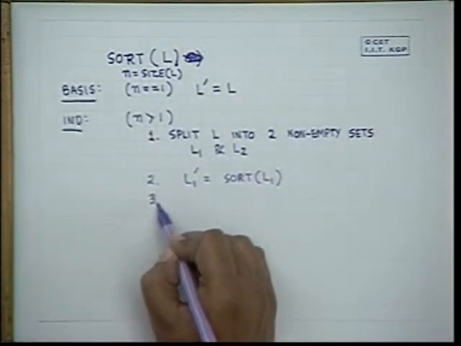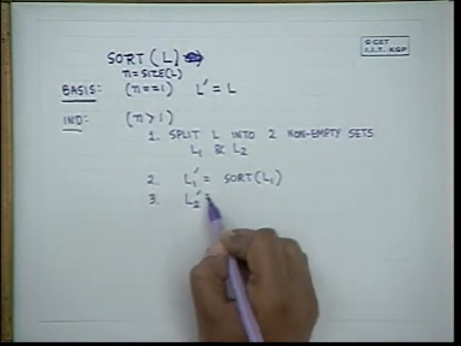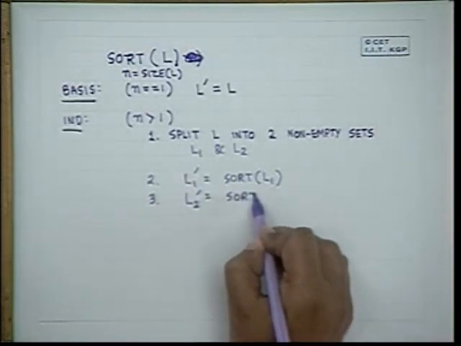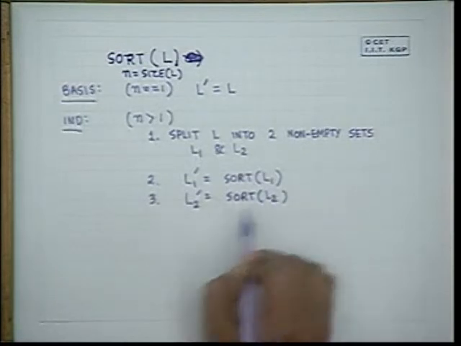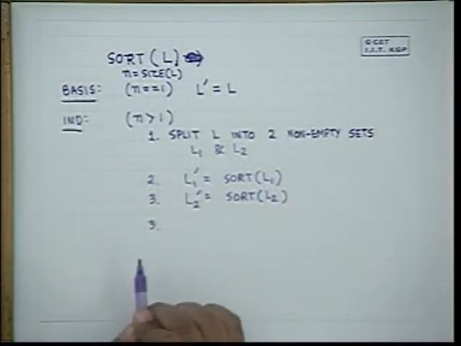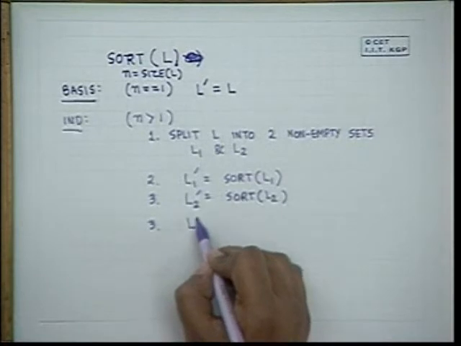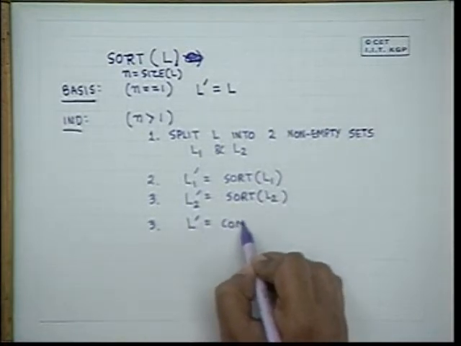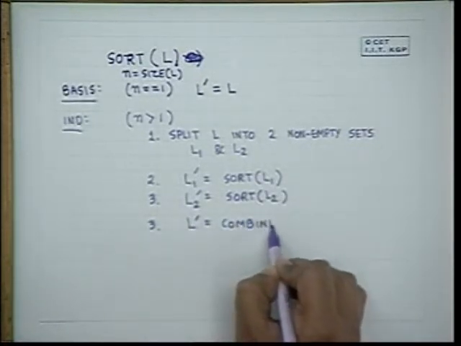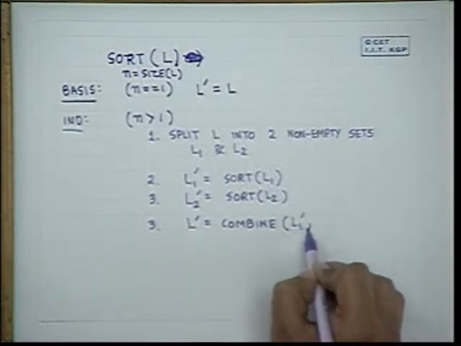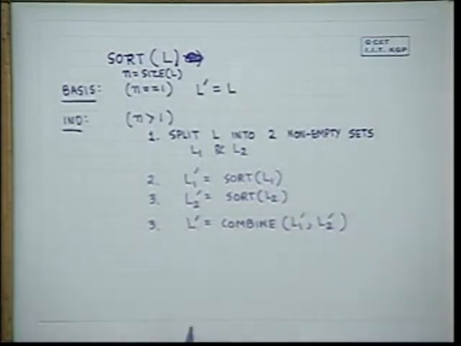The other subproblem, L2 dashed is equal to sort L2. And the third one, you have to write a third function, L dashed is combine L1 dashed, L2 dashed.